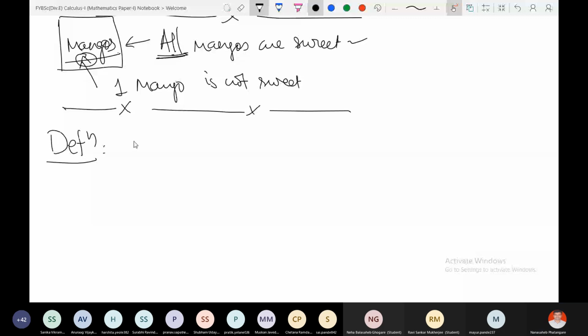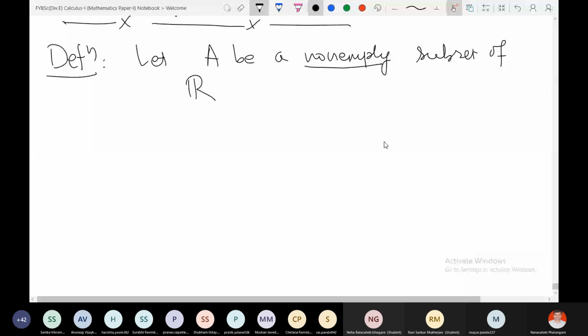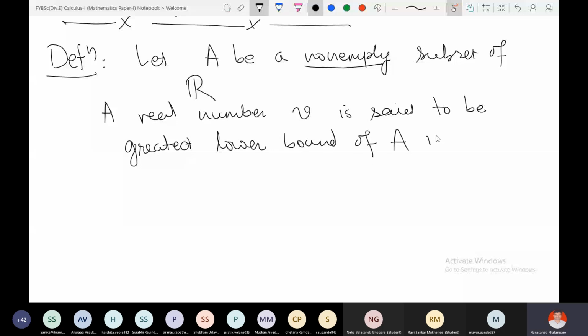Let A be a non-empty subset of R. A real number V is said to be the greatest lower bound of A if two conditions are satisfied.